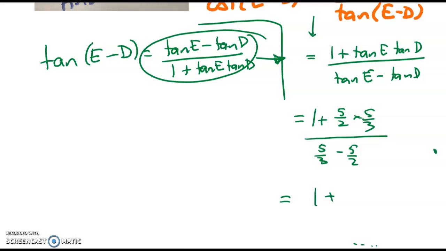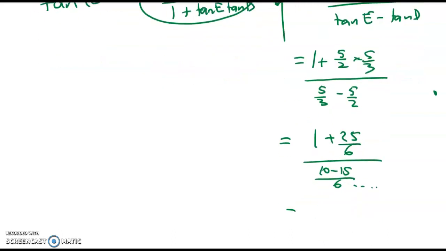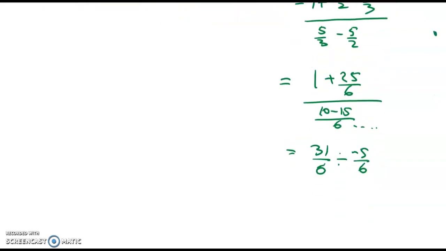Equals 1 plus 25 over 6 divided by 10 minus 15 over 6, which equals 31 over 6 divided by negative 5 over 6, which is negative 31 over 5, skipping a tiny step in there.